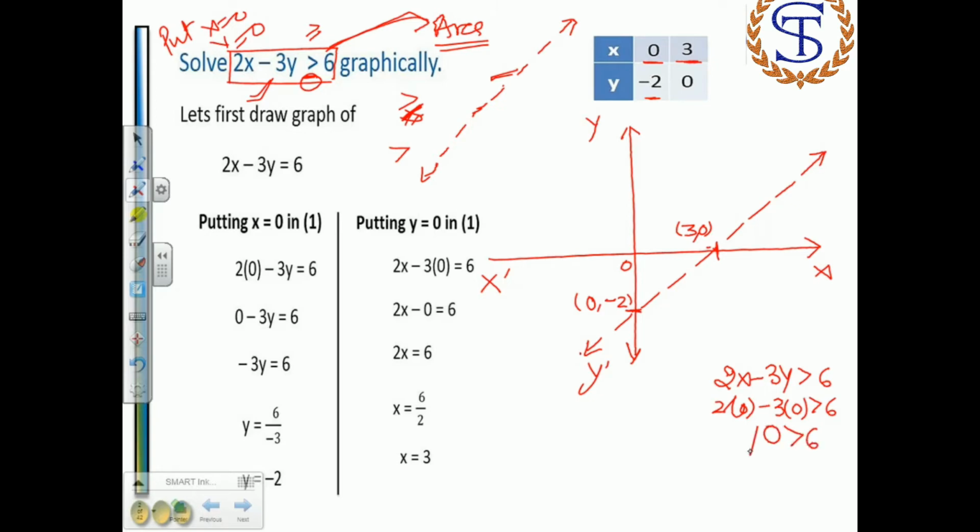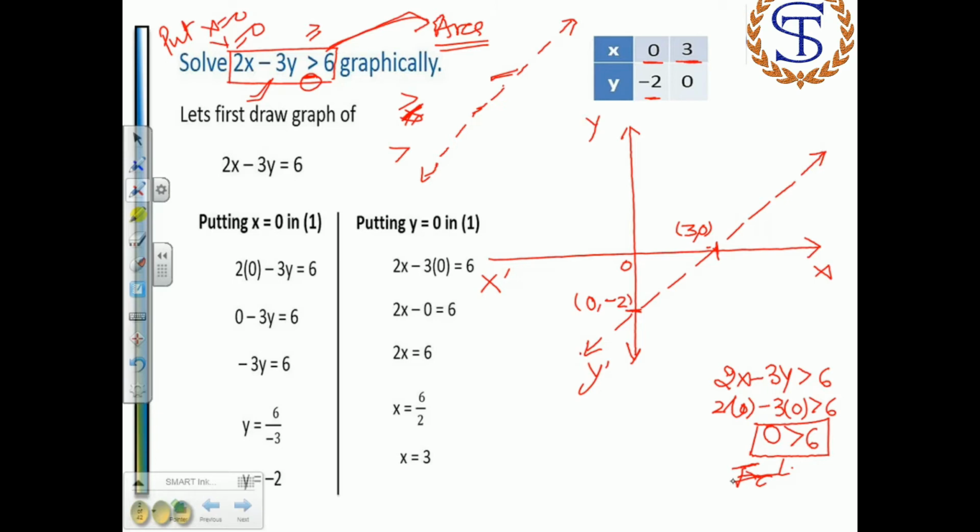Now can you tell me whether this particular statement, that is 0 is greater than 6, is true or not? Here we know that 0 is not greater than 6. It means this particular statement is false.